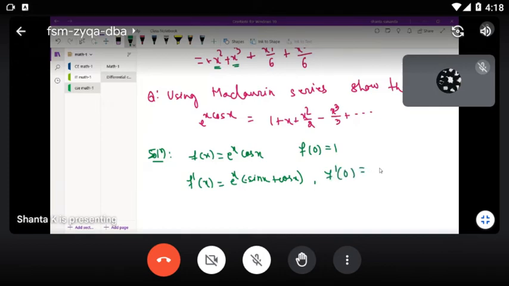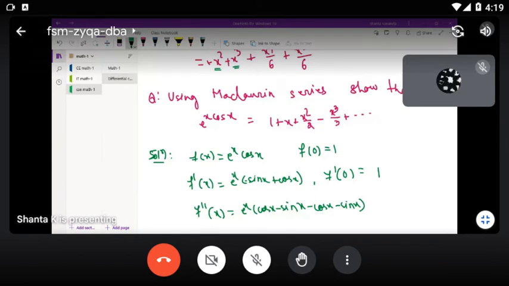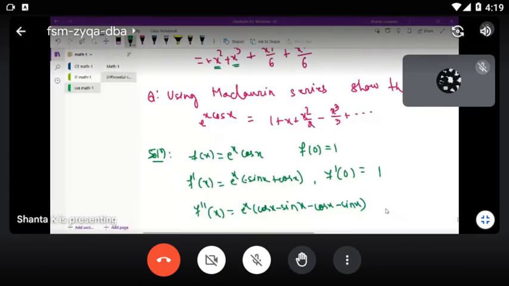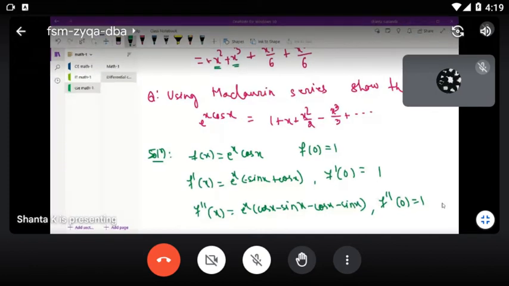Then e raised to x cos x minus sin x minus cos x minus sin x. Means 0. 0, ma'am.